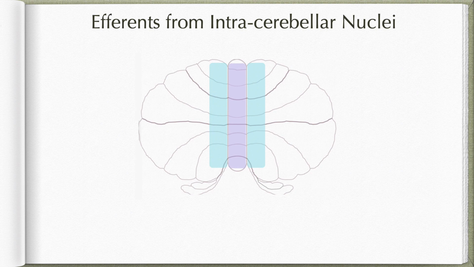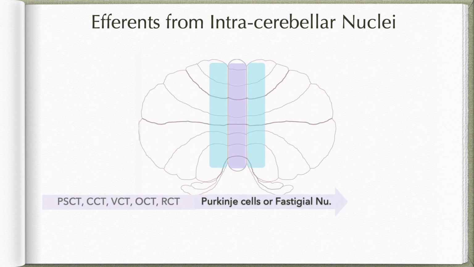Now coming to the efferents from the intracerebellar nuclei. Those which are starting from the vermal zone or the flocculonodular zone will receive input from the posterior spinocerebellar tract, cuneocerebellar tract, but mainly from the vestibulocerebellar tract, olivocerebellar tract and the reticulocerebellar tract.